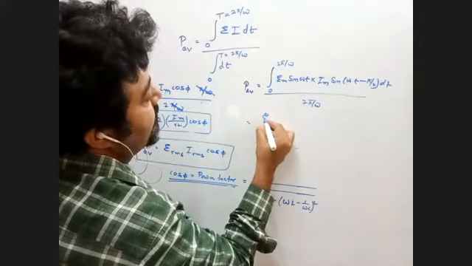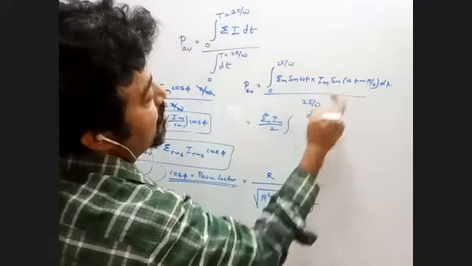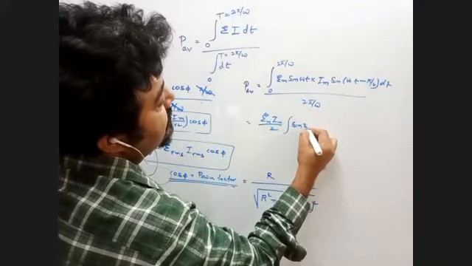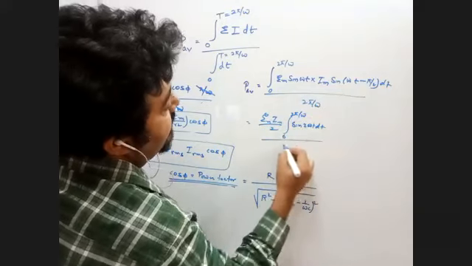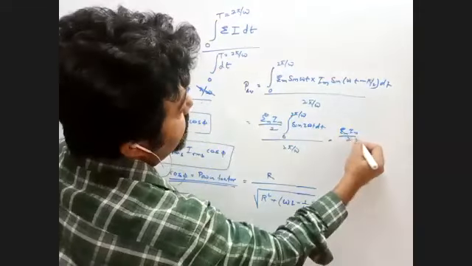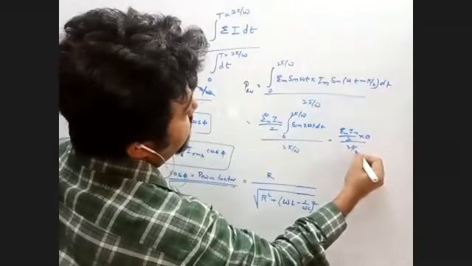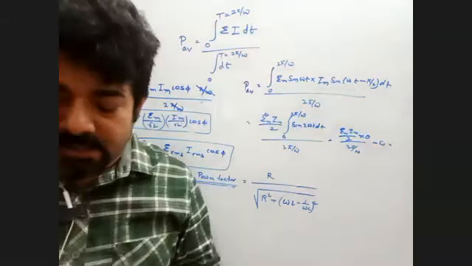So you have Em Im by 2, the sine becomes cos, so sin 2 omega t dt, from 0 to 2 pi by omega, divided by 2 pi by omega. Em Im by 2 into 0 by 2 pi by omega, that is 0. Is it clear? So this is one way you can show it practically.